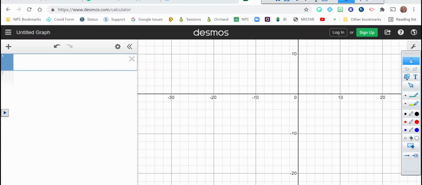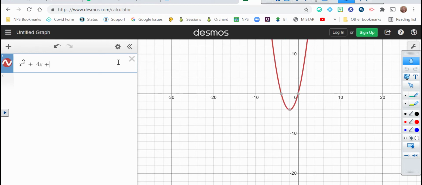Okay, so if I graph x squared plus 4x plus 4, it crosses the x-axis just once here. It turns out it's our vertex, -2. So our solution here to example 2 is -2.